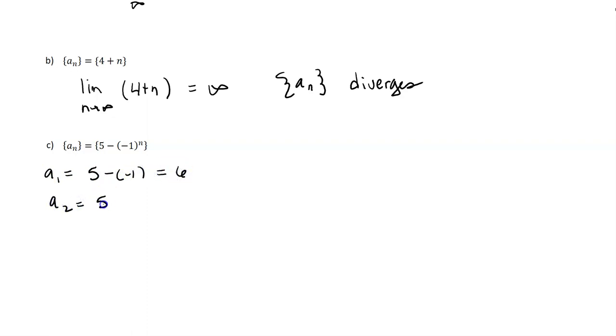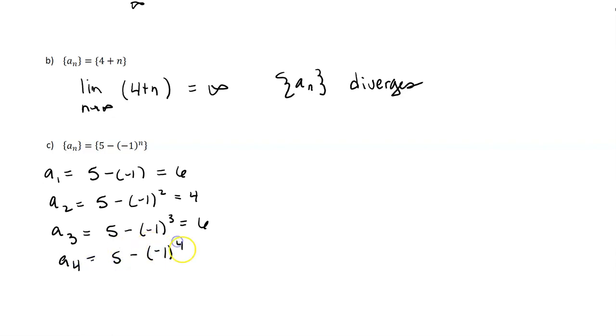A sub 2 would be 5 minus negative 1 squared, so that's 5 minus 1, or 4. A sub 3 would be 5 minus negative 1 cubed, which is 6. And then a sub 4 would be 5 minus negative 1 to the fourth, which is 4. So you can see what happens. This thing is oscillating between two values, so we say that a sub n diverges.